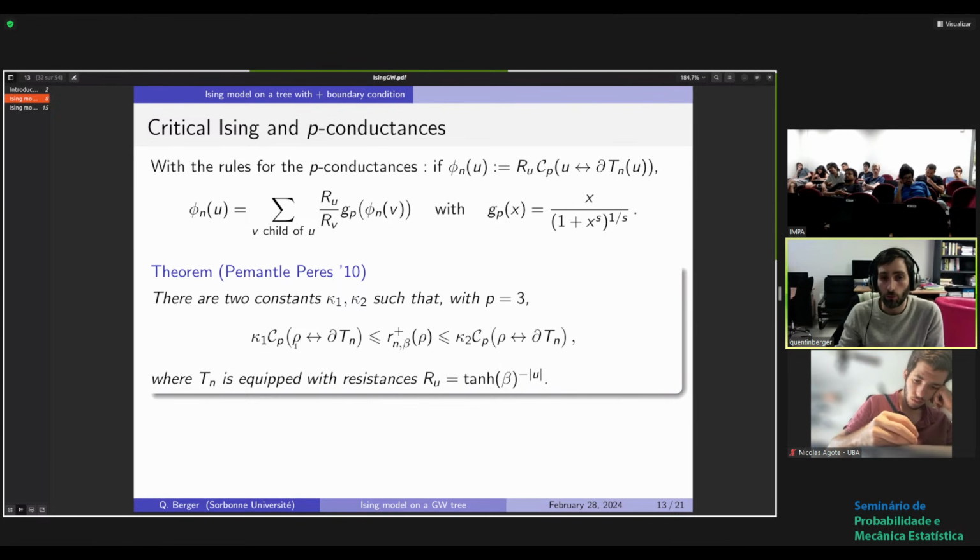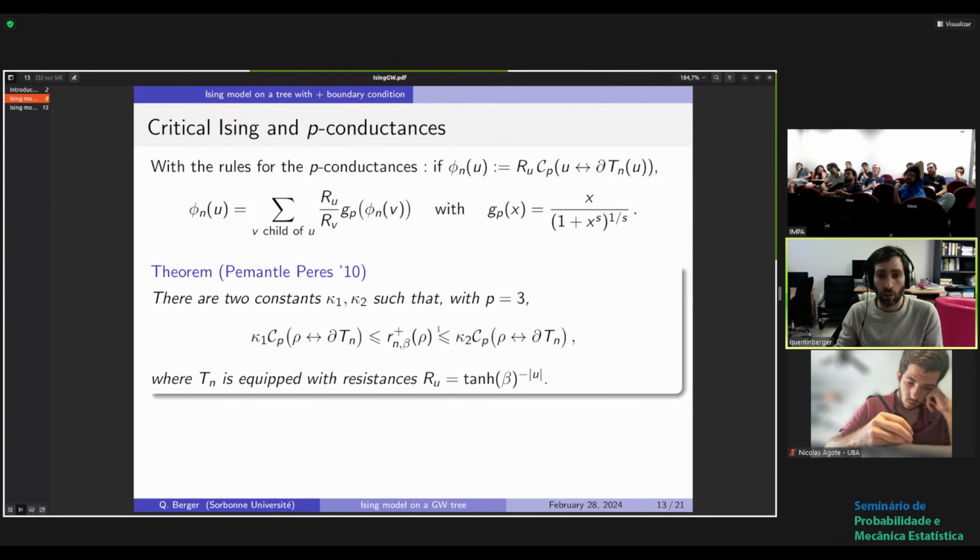What I have to tell you is that the conductance of a resistive network comes with resistances, right? So you have to equip your tree with resistances on the edges. Here what you have to put is the resistances R_u equal to hyperbolic tangent of beta to the power minus |u|, minus the depth of u in your tree. If you choose your resistances like that, the ratio R_u divided by R_v is exactly hyperbolic tangent of beta.